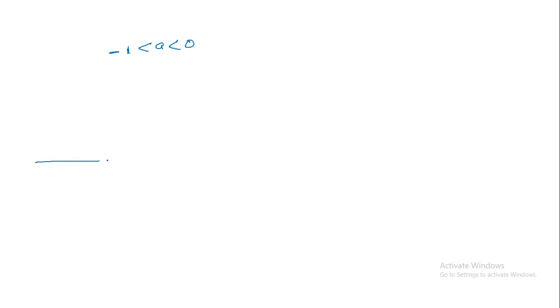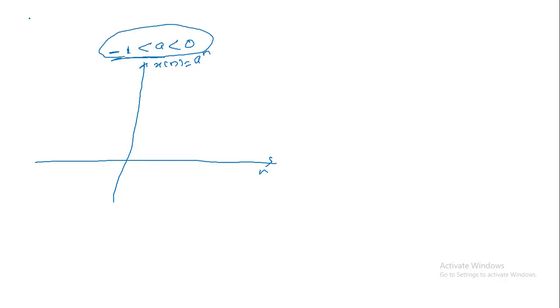Just for example, if I want to draw the graphical representation of this signal, again on the x-axis time will be represented, and the signal value x of n, which is a to the power n, with the value of a between this range. That means a can be minus 0.2, minus 0.876, minus 0.58, any value which is within this range.